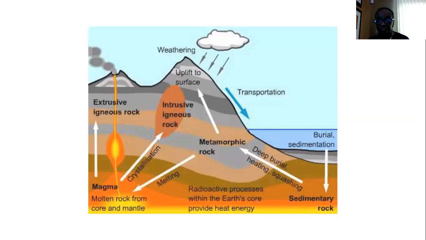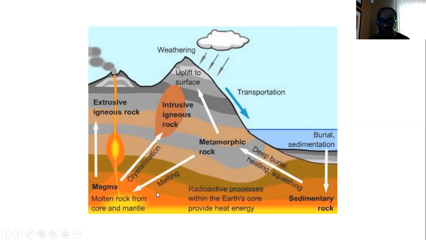Now, if we follow this diagram, we're going to see that there are changes that can take place with the sedimentary rock. If that sedimentary rock is buried, and there's a whole lot of heat and pressure, it can become a metamorphic rock. But if there is a whole lot of heat that occurs, look what could happen to that metamorphic rock.